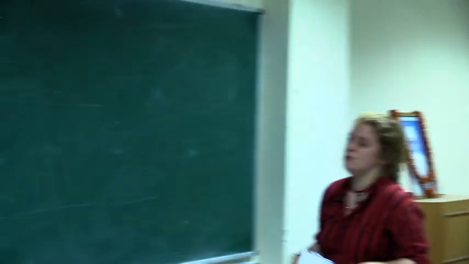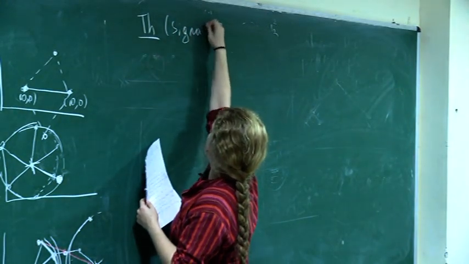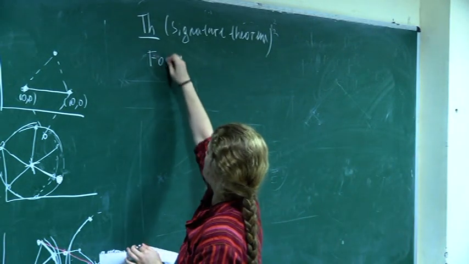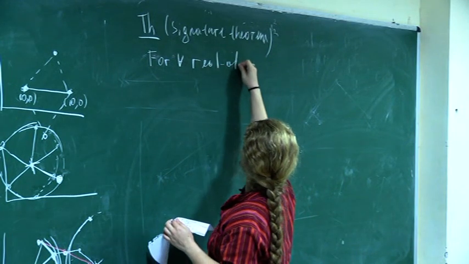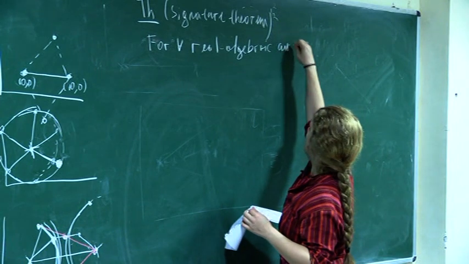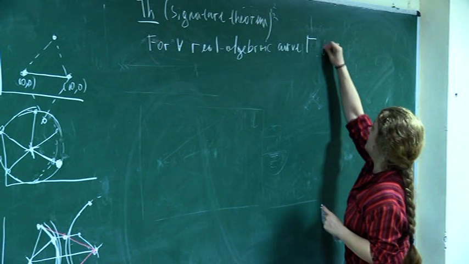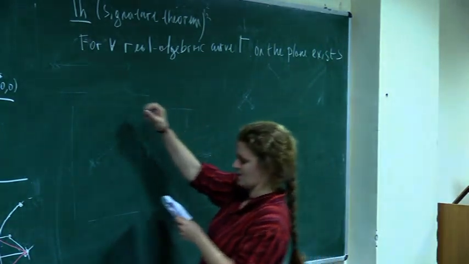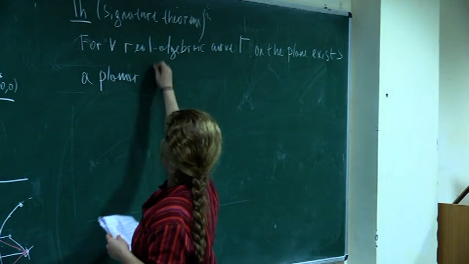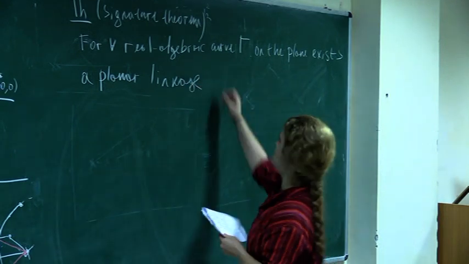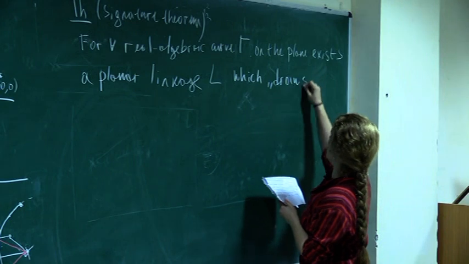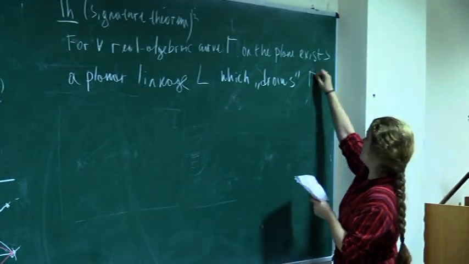So the main geometric result in this field on the plane, you can call it the signature theorem, is that for any real algebraic curve on the plane, there exists a planar linkage L, it doesn't matter how, which draws, in some domain, this algebraic curve.